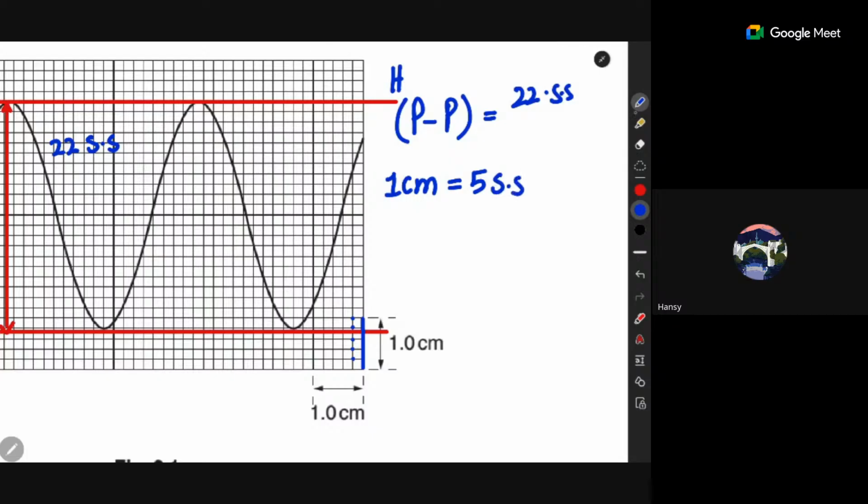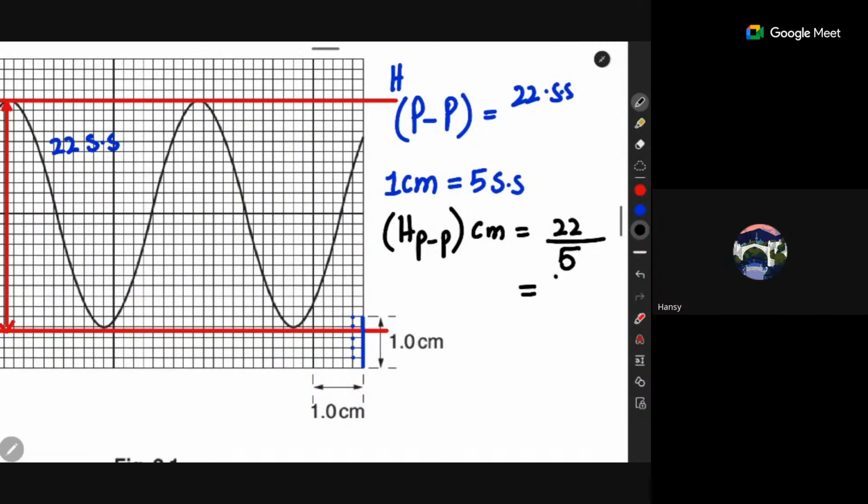So can you tell me what will be the peak to peak height in centimeters? It will be 2.2 because 1 centimeter is 5 squares, so for 22 we'll just divide by 5. Yes, very good. Everyone agreed?